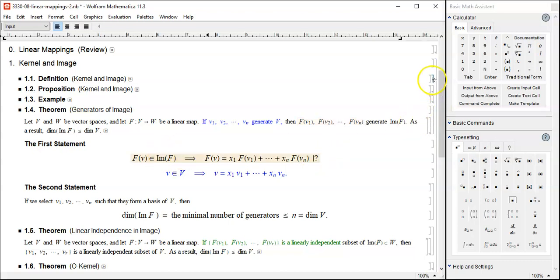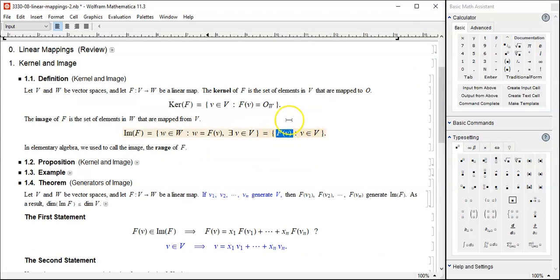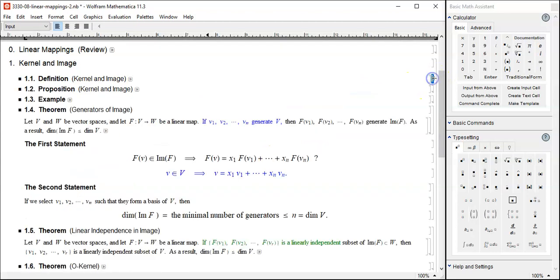All right, an arbitrary element of the image looks like this. This is a definition. The set of all image vectors. Any image vector selected, can that be written as a linear combination of f of v1, f of v2, all the way over to f of vn? That is the question. That's what we want to prove. Now, this one is complete. We have equality here.